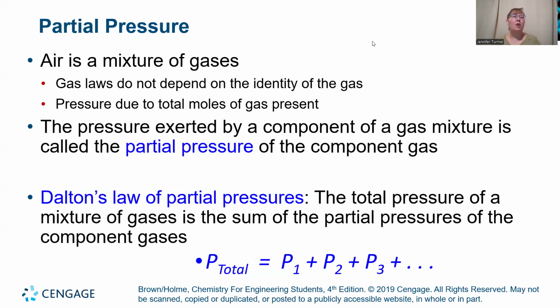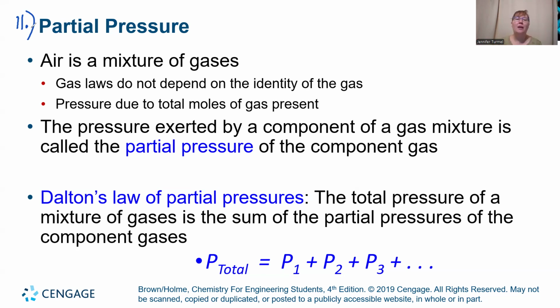Let's take a look at partial pressure. Partial pressure is basically talking about how gases, oh, and sorry, this is slide 11. There you go. Air is a mixture of different gases. We know that. So air itself is mostly nitrogen with some oxygen and tiny bits of water vapor, carbon dioxide, all kinds of other things tossed in.